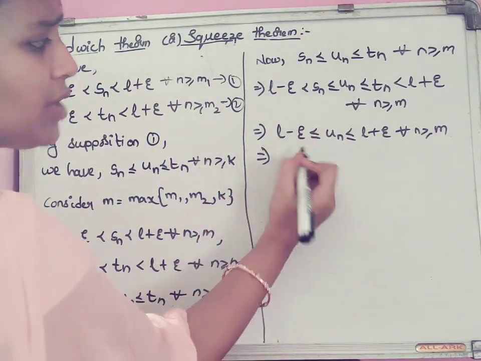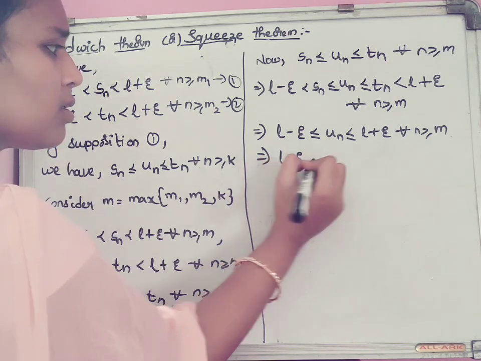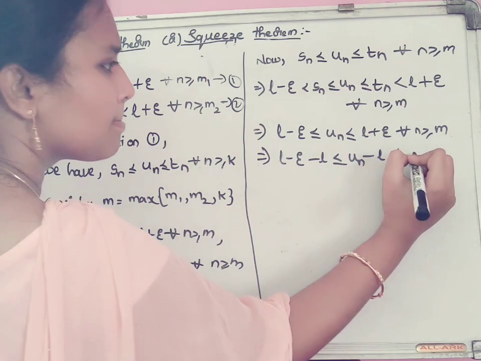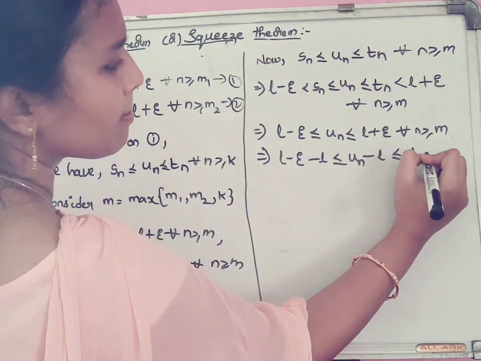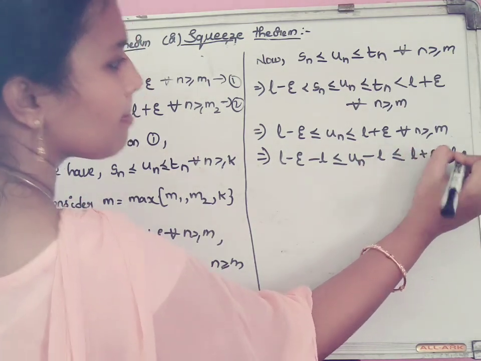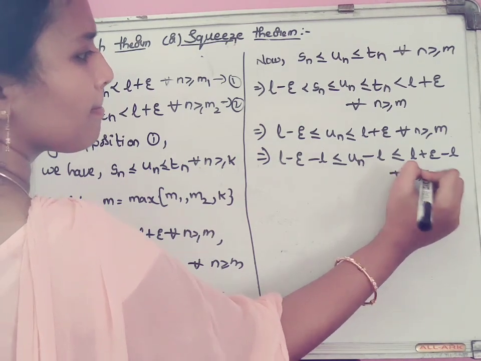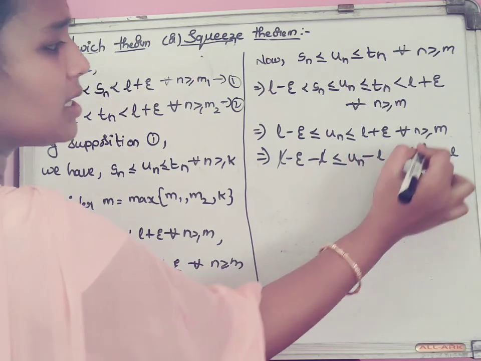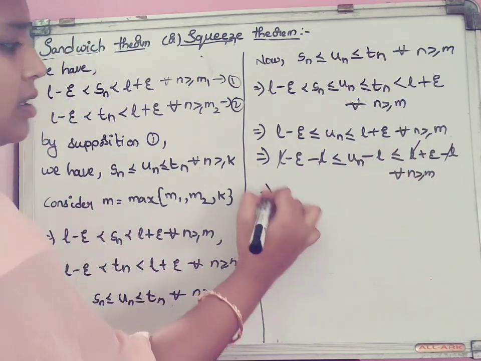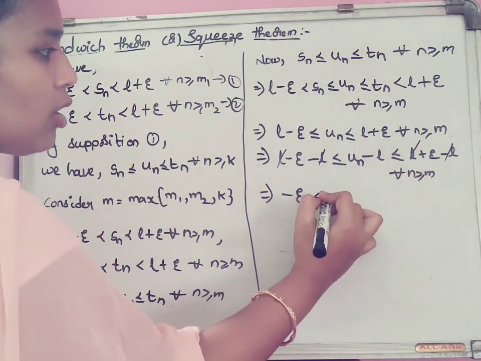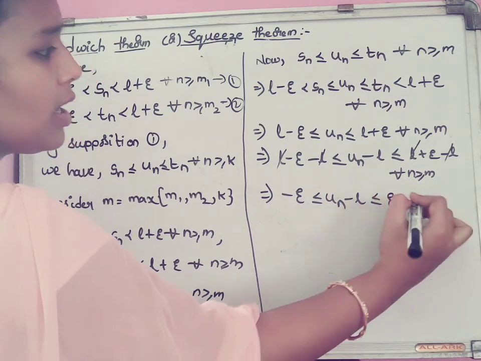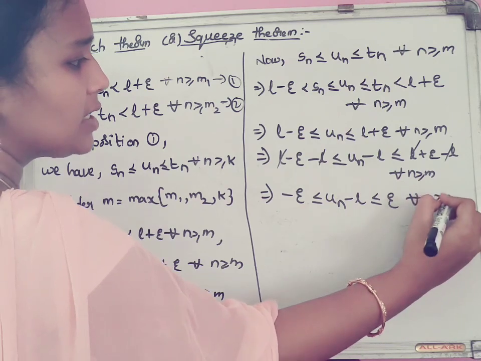Subtract L throughout the inequality. Plus L minus L get cancelled. We remain with minus epsilon less than or equals to Un minus L less than or equals to epsilon for all n greater than or equals to m.